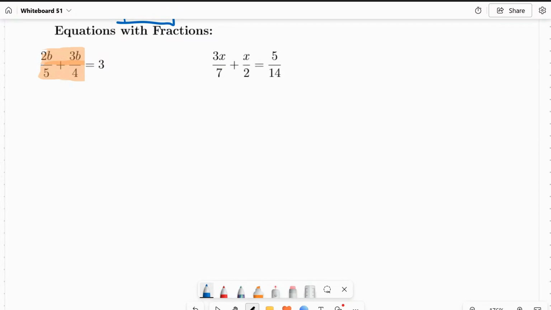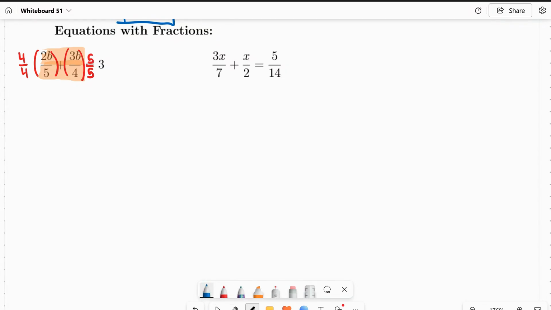In order to add my fractions, I'm going to need a common denominator. So the least common multiple of 5 and 4 would be 20. So 2b over 5, I'm going to multiply that by 4 over 4. And 3b over 4, I'm going to multiply that by 5 over 5.